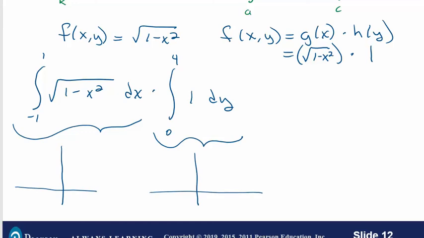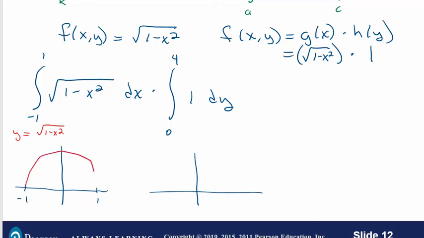So this one is y equals the square root of 1 minus x squared. What does that look like? What's that graph look like? Got it? Good. It's a half a circle, positive, and it's going from negative 1 to 1. So we're going to get this half a circle like that. Okay, and what is this integral telling me I want to do?